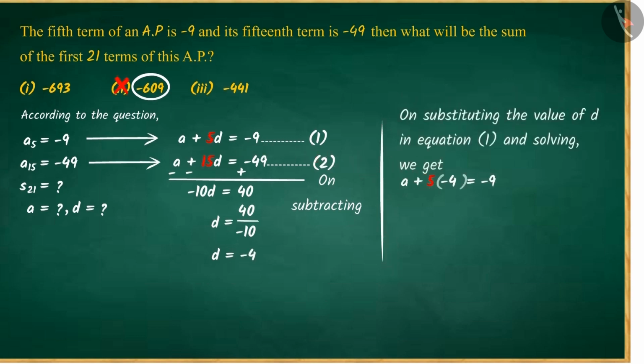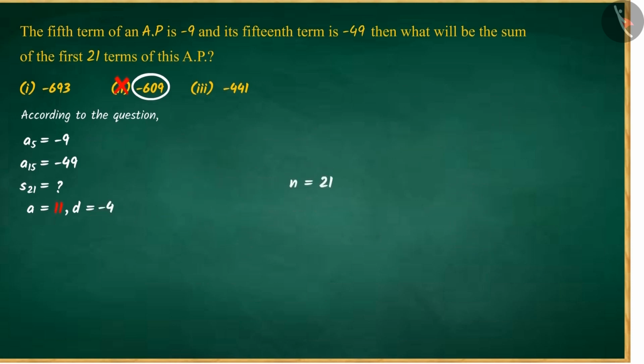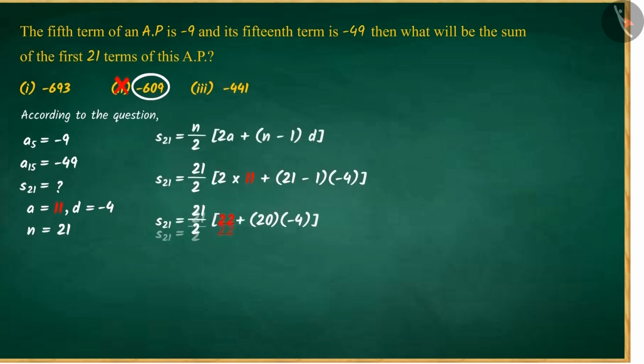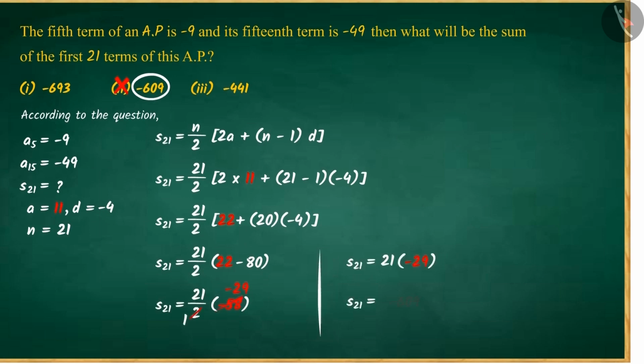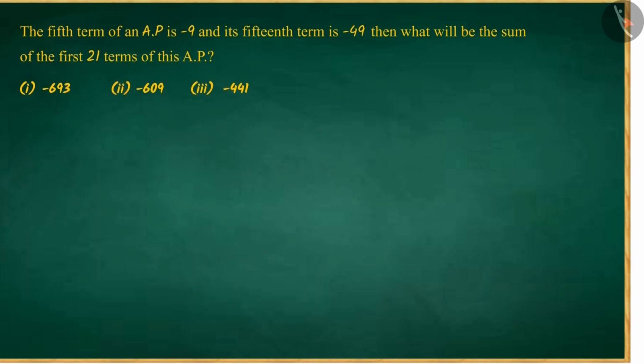And solving it further, you got the wrong value for the first term a. Proceeding in the same order, you solved the equation by substituting the incorrect value in the formula for the sum of the n terms, because of which your answer was incorrect.